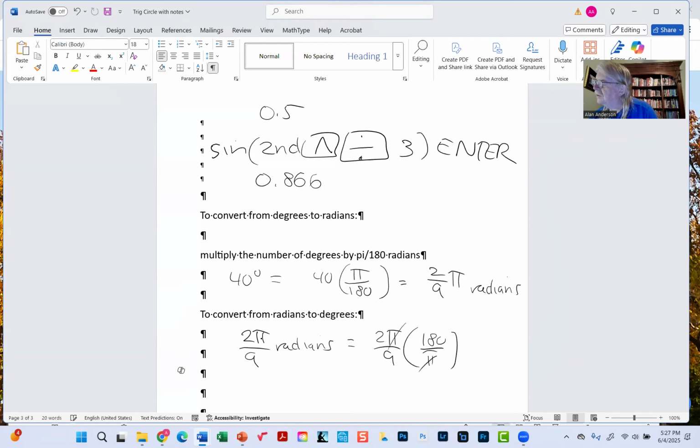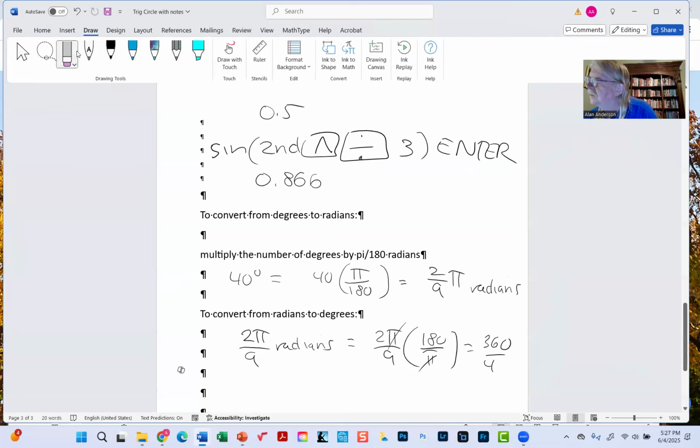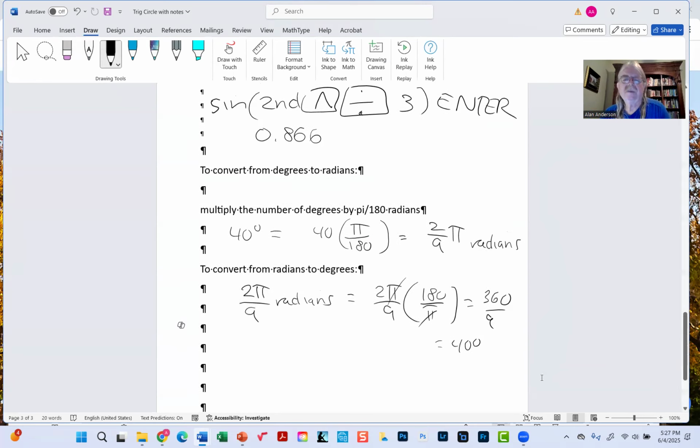If you notice the pi's cancel out, I've got 360 over 9, which is 40 degrees. Okay, so in one case, you're multiplying by pi over 180, and in the second case, you're multiplying by 180 over pi to go back and forth between the two measures.